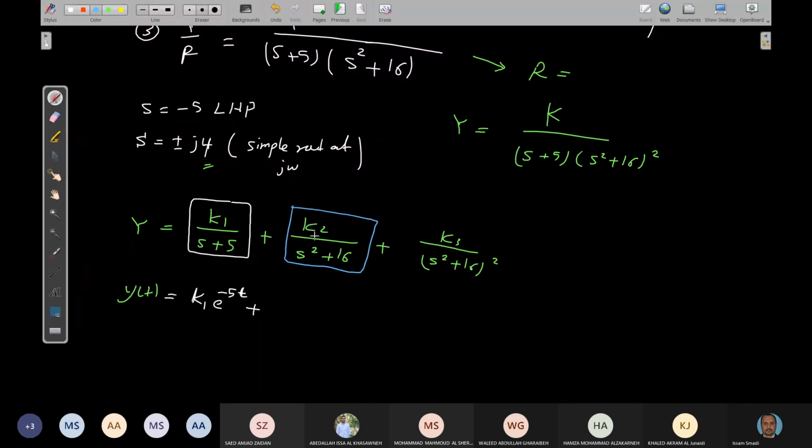Now this one will be the sine, I think, correct? It will be k2 over 4, if you need to calculate it, and this will be sine 4t. Plus, what about this one?